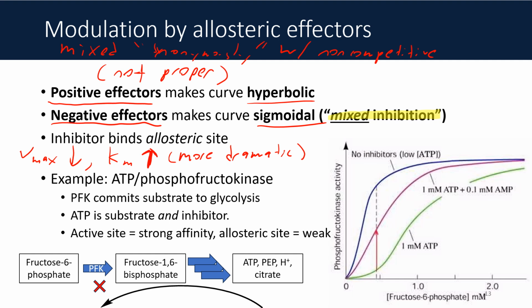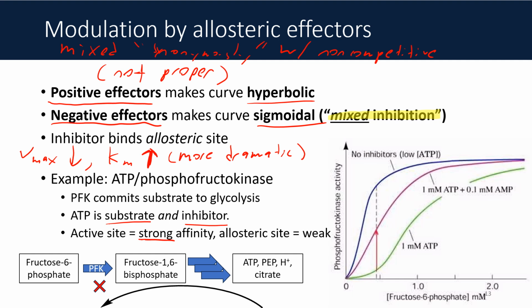ATP in this reaction is both a substrate and an allosteric effector, specifically a negative effector. PFK's active site has a very strong affinity for ATP. We need a little bit of this molecule to get the glycolysis chain going.